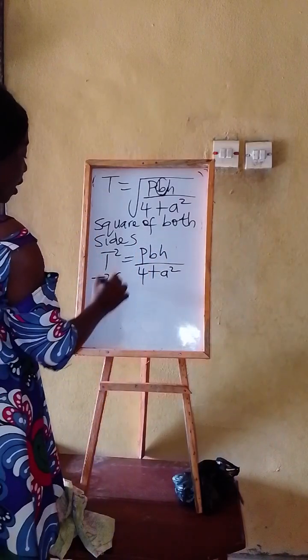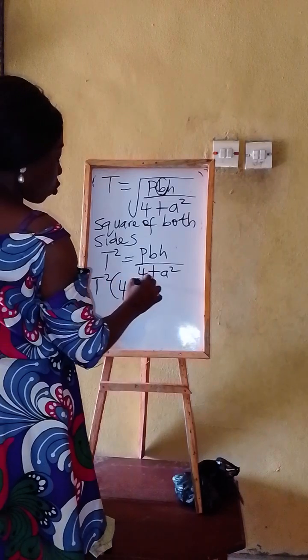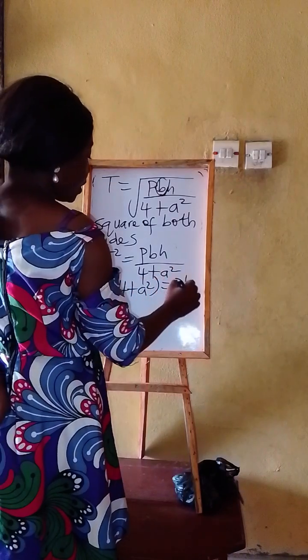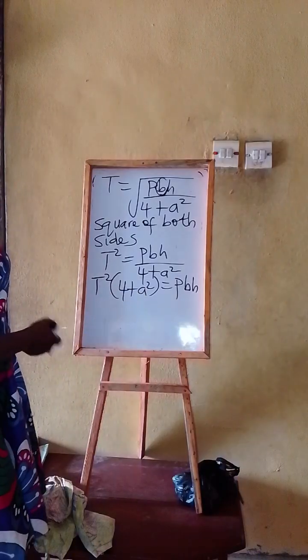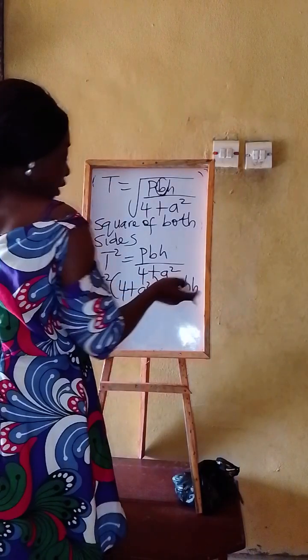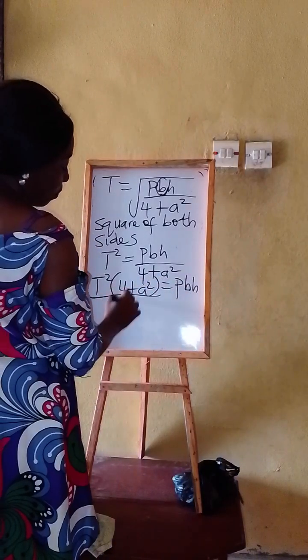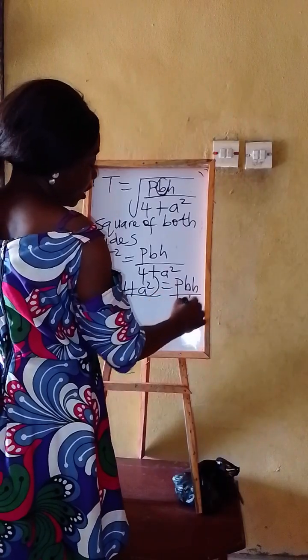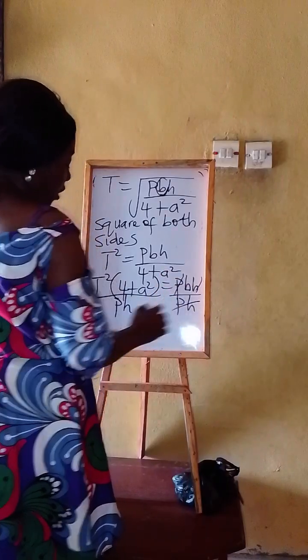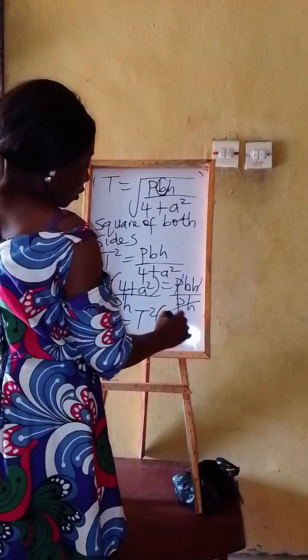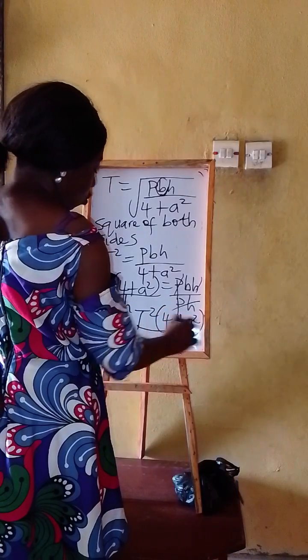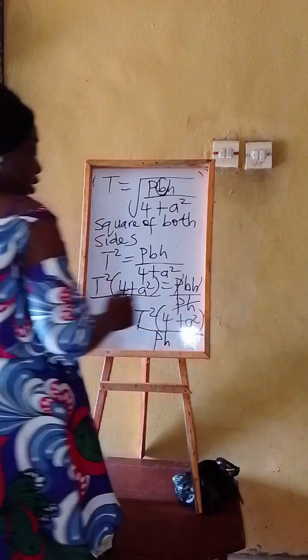So we have t squared into brackets 4 plus a squared equals pbh. So what do we do? We divide through by bh. So bh cancels bh. So we have p equals t squared into bracket 4 plus a squared over bh.